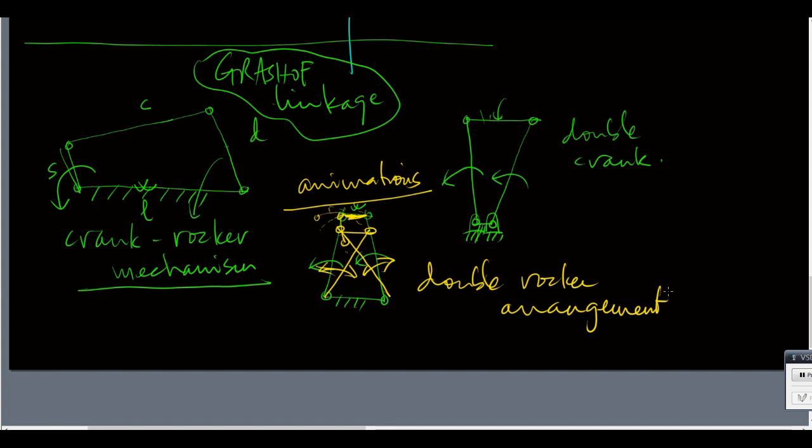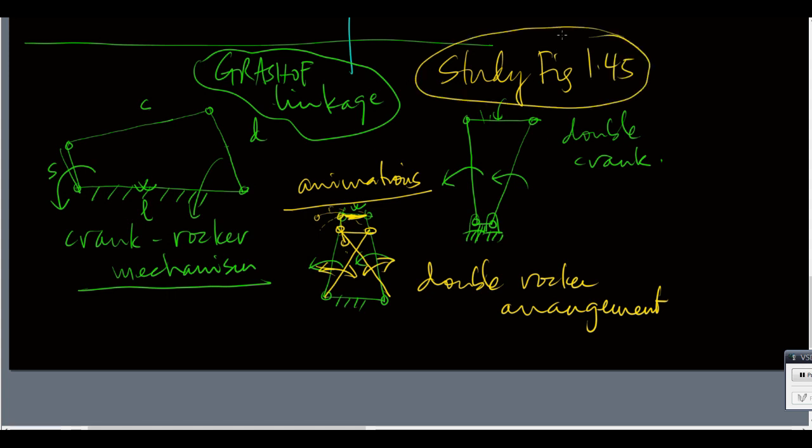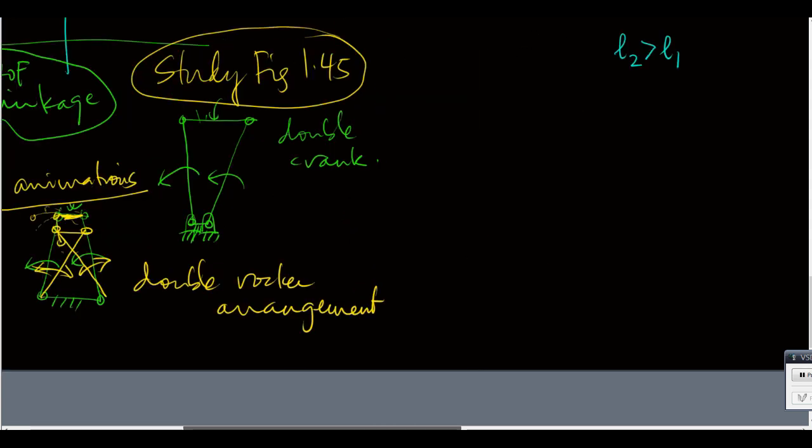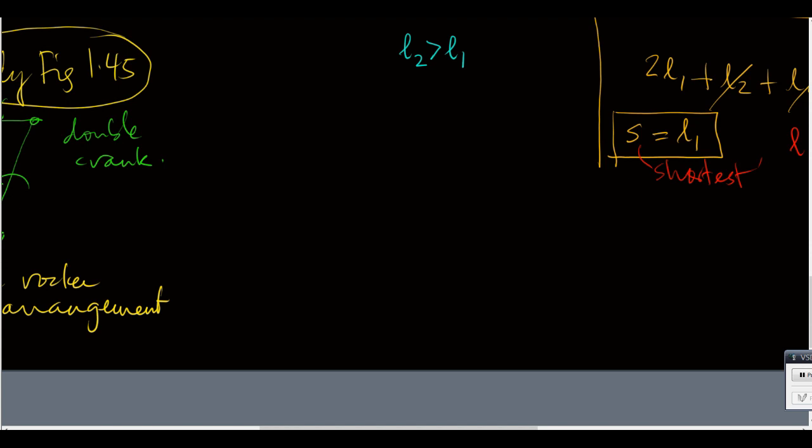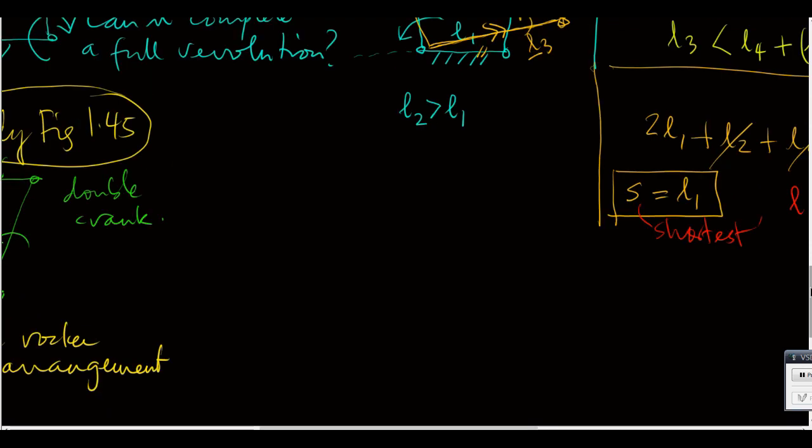Okay, all right. Now, in the book, there are a lot of different examples given in figure 1.45. And I encourage you to look at those with care now that we have gone over the Grashof criterion with reasonable detail. But over here, I just want to do one more example.